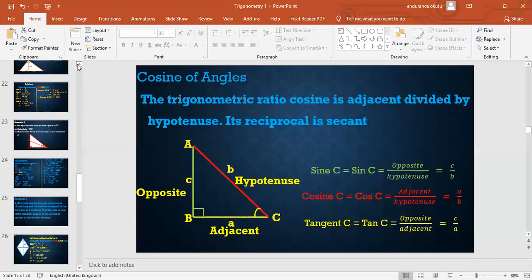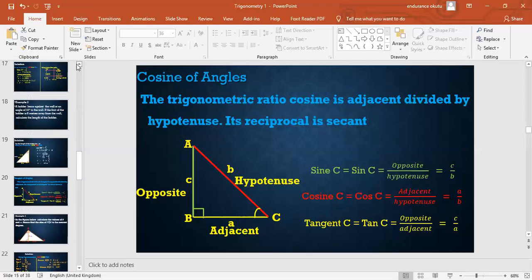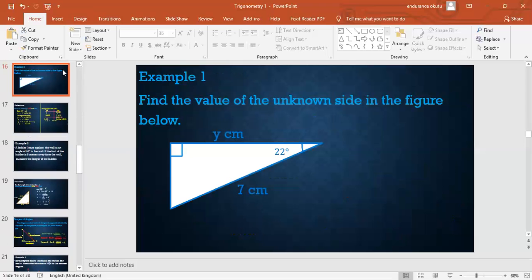Example one, we're not going to take much example. We're only going to take one example, then we'll look at tangent. Example one: find the value of the unknown side in the figure below. If you look at this question, the hypotenuse side is given, the opposite is the side facing the angle given, 22 degrees, and the adjacent side, y centimeter, is unknown.